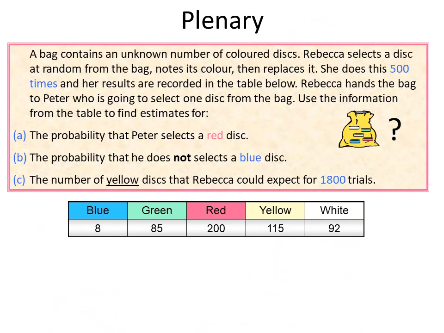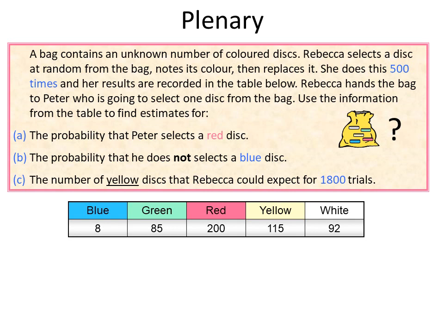As a plenary, a bag contains an unknown number of colored discs. Rebecca selects a disc at random from the bag, notes its color, and replaces it. She does this 500 times, and her results are recorded in the table below. Rebecca hands the bag to Peter, who is going to select one disc from the bag.